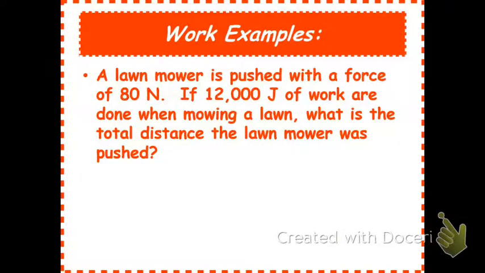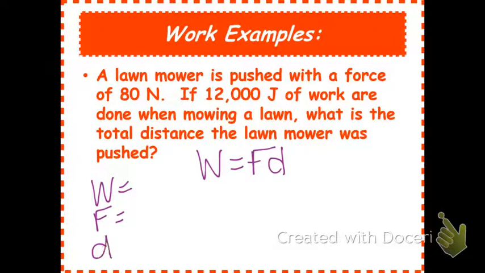Here's another example. Same equation that you're using. So W equals F times D. They tell us a lawnmower is pushed with a force of 80 newtons. If 12,000 joules of work are done when mowing a lawn, what is the total distance the lawnmower was pushed? So they give us 80 newtons. Newtons is a force.